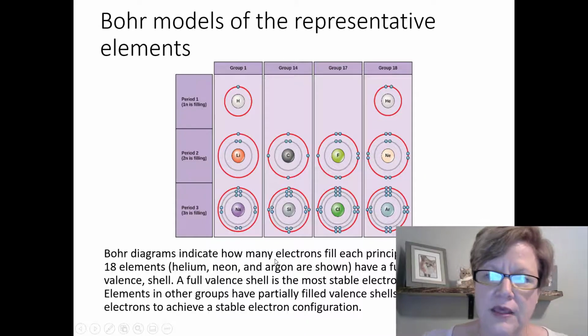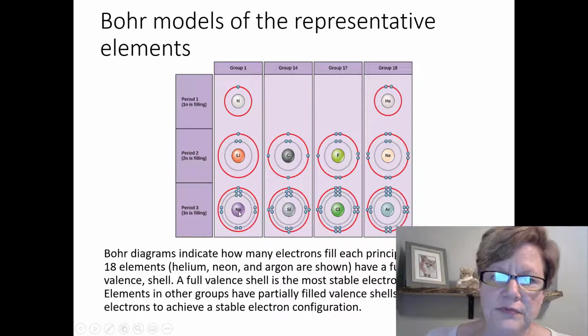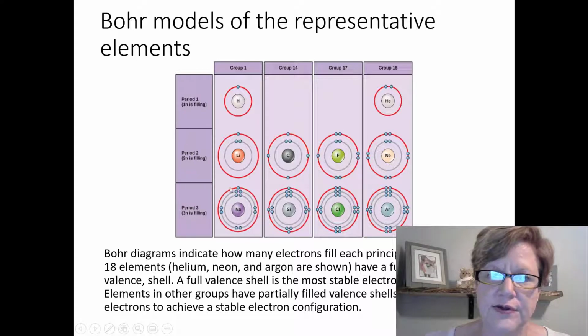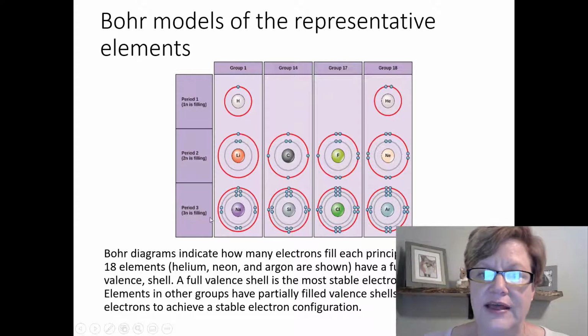All right. And you keep going, and in the third level you have, for example, sodium, which is Na: 2 electrons in the first shell, 8 electrons spread around the second shell, and then 1 electron in the third shell. So if you add those all up, that's 11. So the number of electrons is 11.